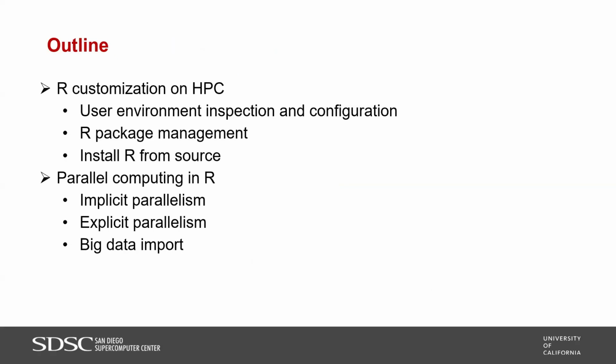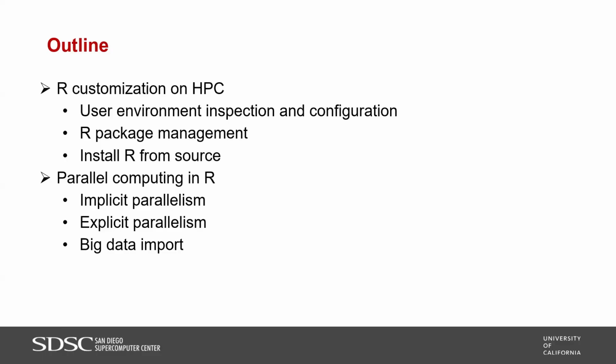Now here's today's outline. We have two parts to introduce. In the first part, I will introduce how to customize your R on HPC, which includes 3 sessions. We can learn how to inspect and configure your user environment with R commands and how to install R packages and view those R packages on HPC.